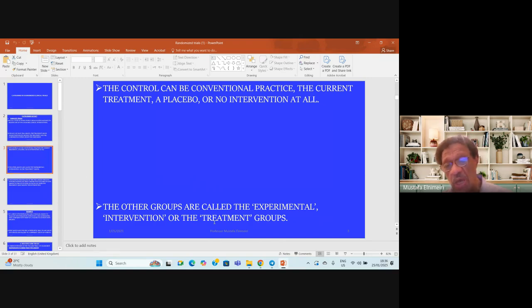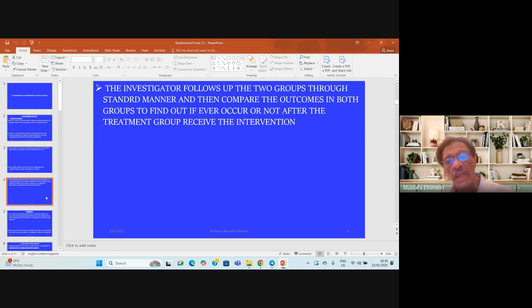The other group is called the experimental or intervention or treatment group, and the investigator follows up the two groups in a standard manner, and then compares the outcomes in both groups to find out if the outcome occurs or not after the treatment group received the intervention.